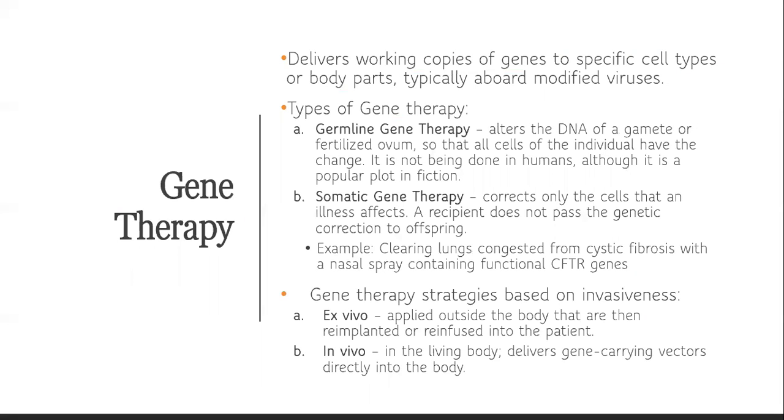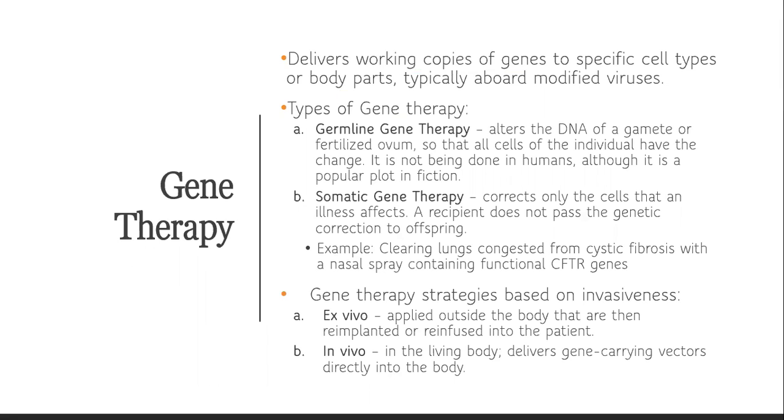And it is not being done in humans. While the somatic gene therapy corrects only the cells that an illness affects, so a recipient does not pass the genetic correction to the offspring. An example of this is clearing the lungs congested from cystic fibrosis with a nasal spray containing the CFTR gene.